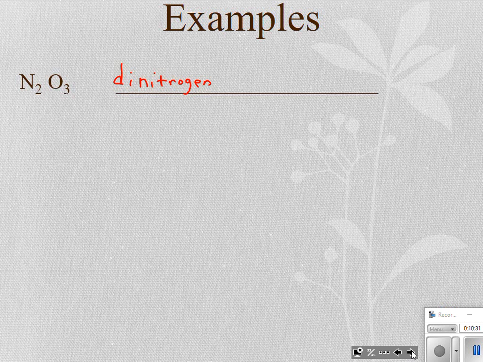We've dealt with oxide before. How many oxides do we have? 3. So the correct name, ladies and gentlemen, for N2O3 is dinitrogen trioxide.